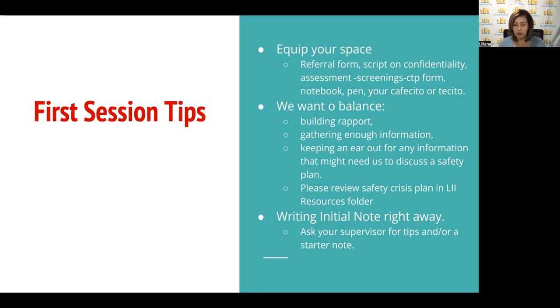That way, you know visually what it looks like, what it asks, and save it onto your Dropbox so that if you ever do need to use it in the moment, we're not trying to figure out what it is or where to find it. Go ahead and take a look at that now, review it, bring it up to your supervisor for if-this-then-that kinds of scenarios. Definitely being able to just know what it is is a good idea to have before any session, especially your first session.